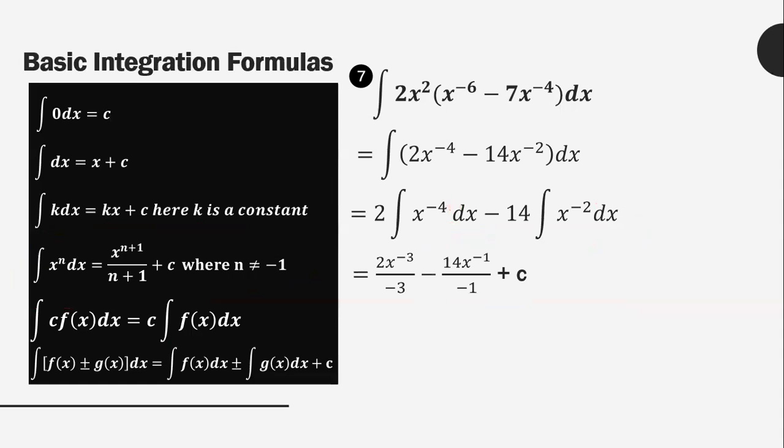Next, we will simply simplify. So this x raised to negative 3 should go down. This x raised to negative 1 should also go down in the denominator. Then the negative sign will be put on the entire fraction. Then this negative sign and negative sign will become positive. So it will become negative 2 over 3x cubed plus 14 over x plus c. So notice the changing of sign, because negative times negative is positive.